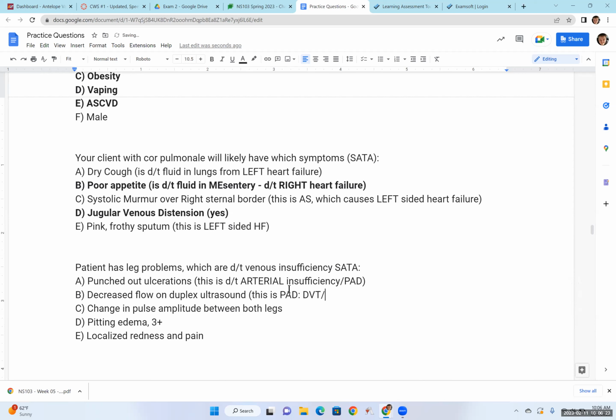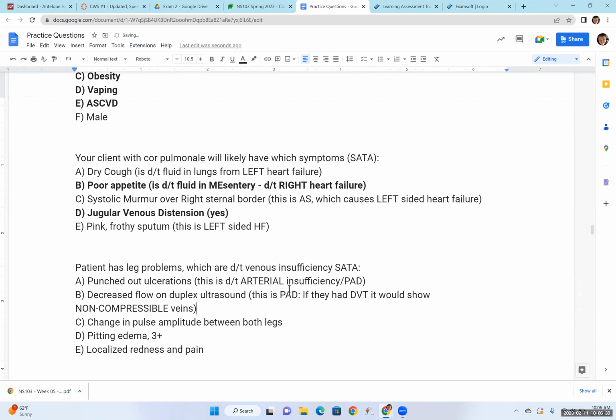Or venous insufficiency would show what? If they had a DVT, it would show non-compressible veins, because there's a clot in there, it doesn't compress. Veins that have valves in them can close all the way.